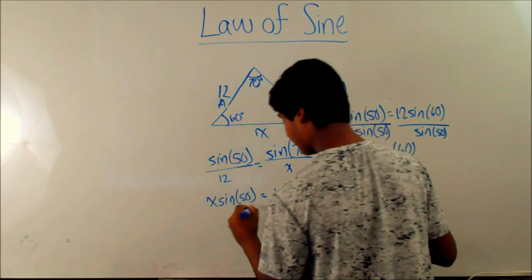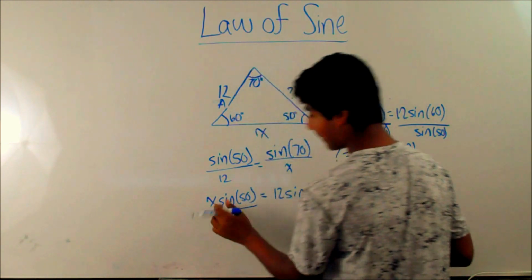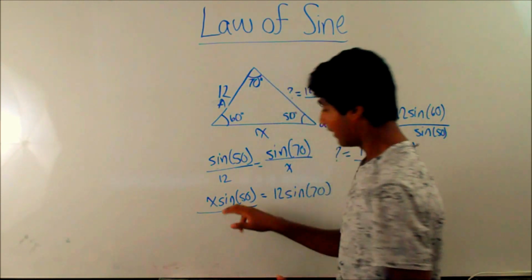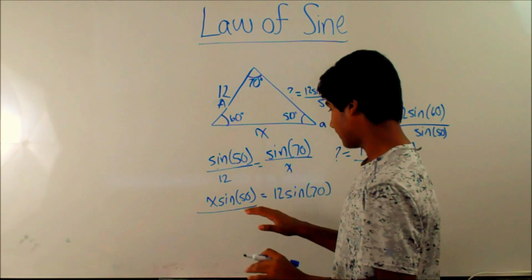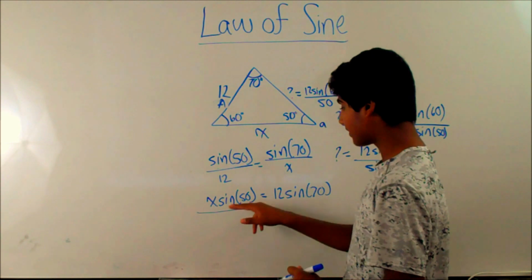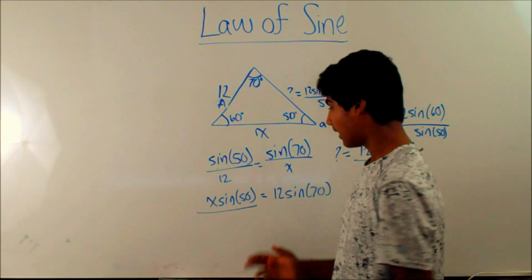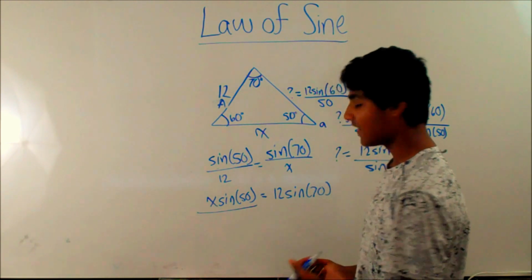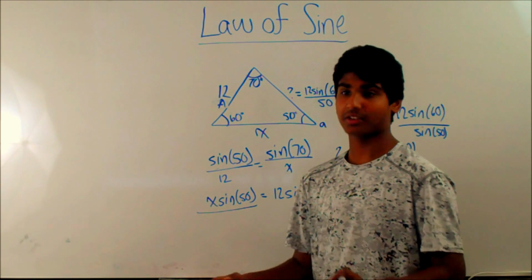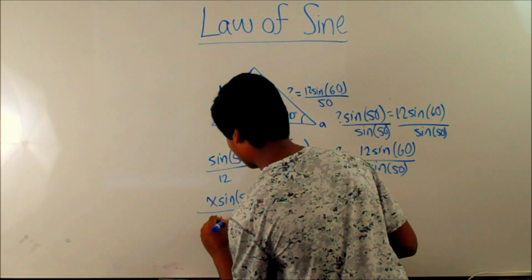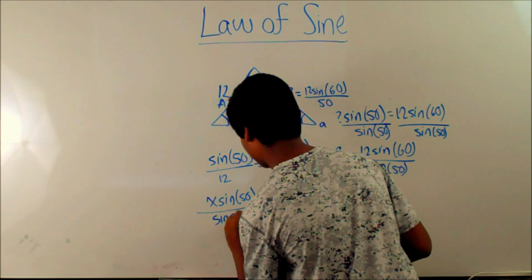And then we want to keep x by itself, right? So we divide by whatever it's not. And you can just divide by sine 50, because you have to remember that just because there's a sine in it, it's still a number. It's worth something. Sine of 50 is still a number. If you put it into a calculator, it'll be an irrational number, but it'll be a number. So you divide by sine 50.